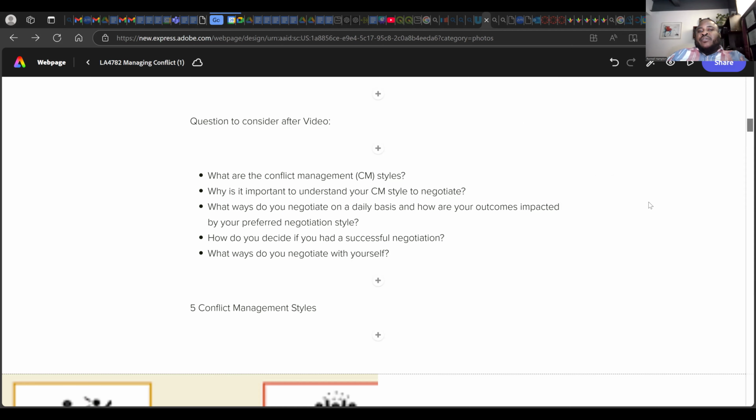Your strength is your go-to, but you may need to move to another option. So when you learn about the conflict management styles, you realize this is how I am on a regular basis. However, with the knowledge of the other options, you can pivot if needed, right?